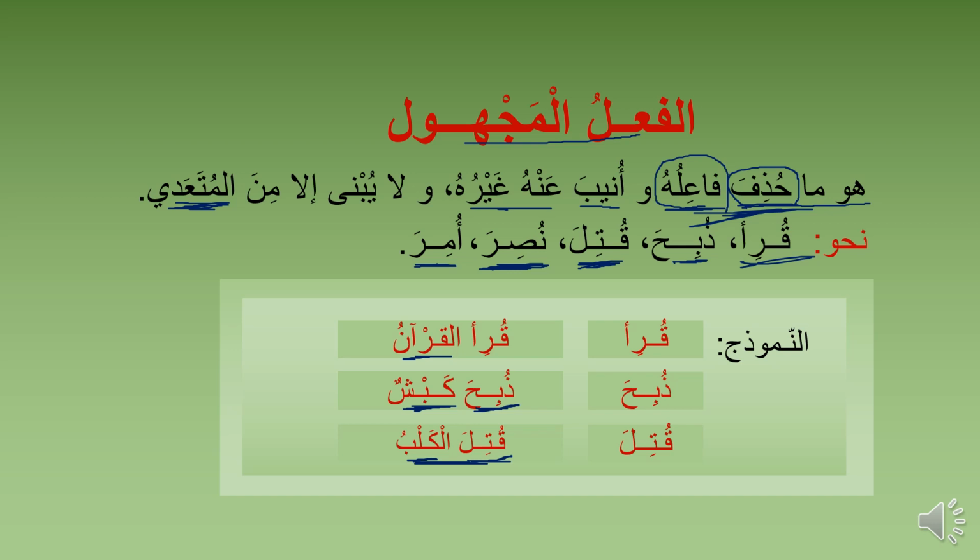But in the case of fi'l majhul, it is the verb whose fa'il is eliminated and replaced by another word. And this fi'l majhul cannot be constructed except from fi'l muta'addi. So that is just the basic explanation on this classification. I hope you understand it.